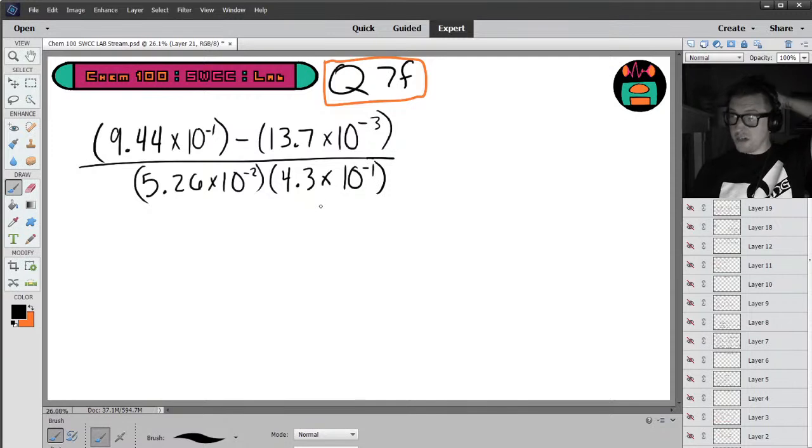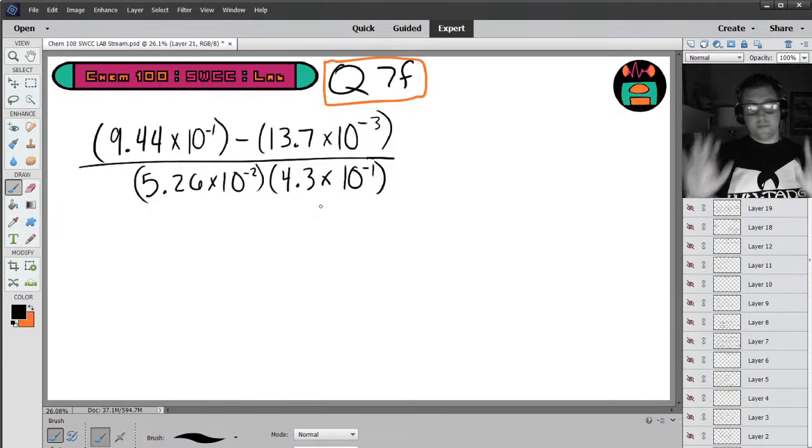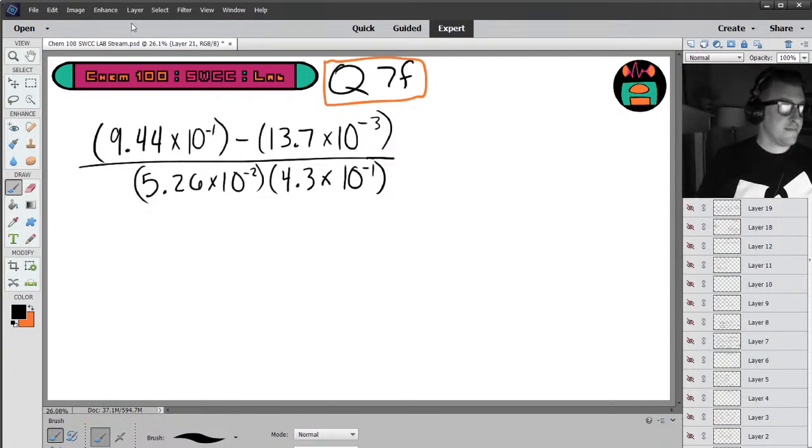All right, so we got numerators, denominators, multiplication, subtraction, the whole bit. Quite a challenge.